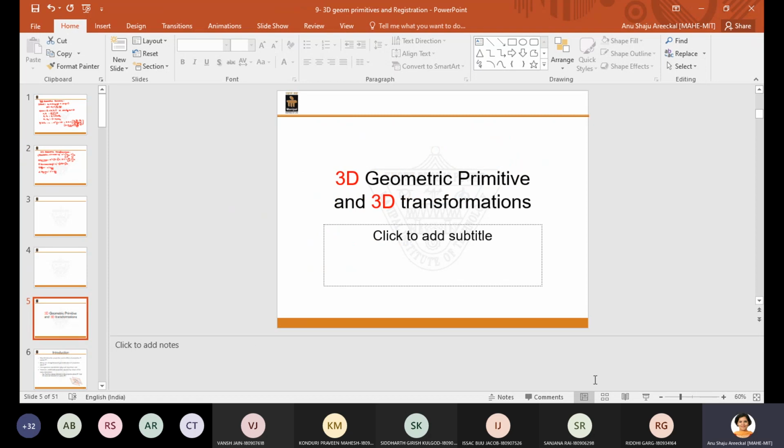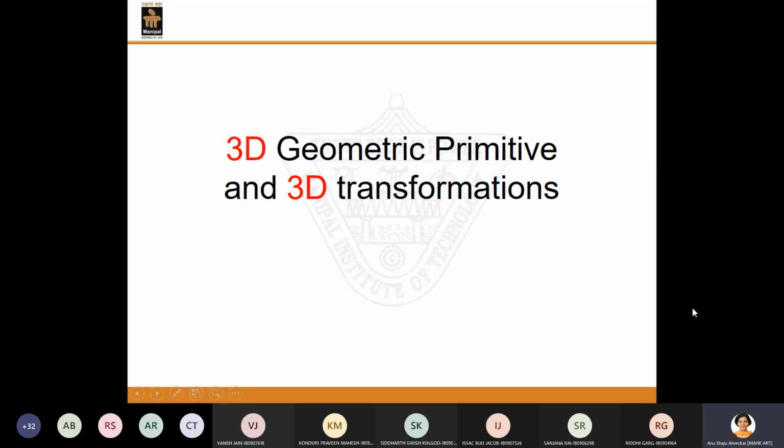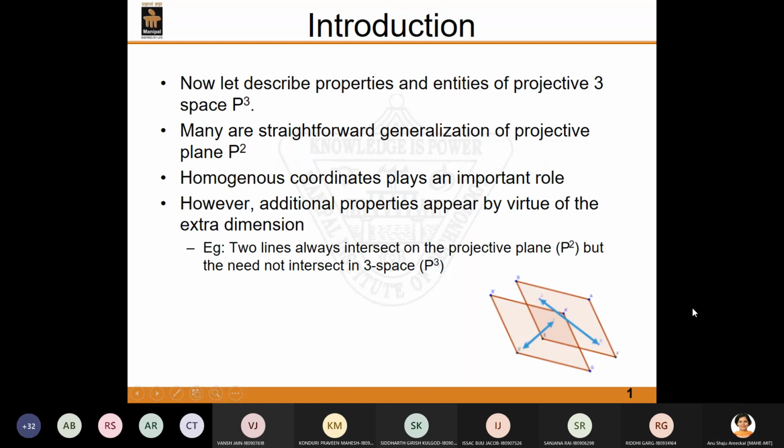Let's go to 3D geometric primitives and 3D transformations. If you have understood the 2D registration transformations as well as the 2D geometric primitives, it will be easy to understand the 3D ones.